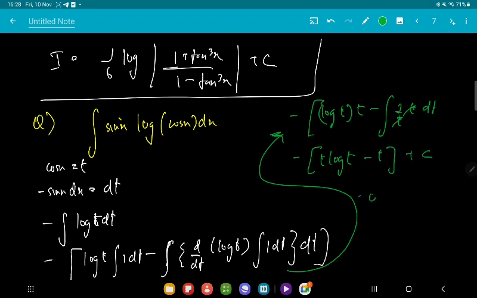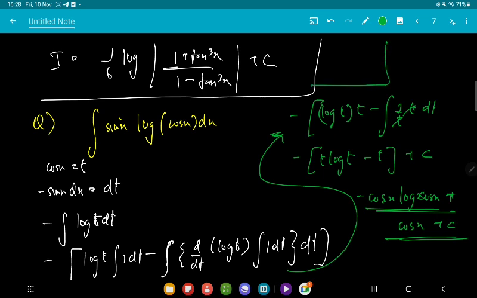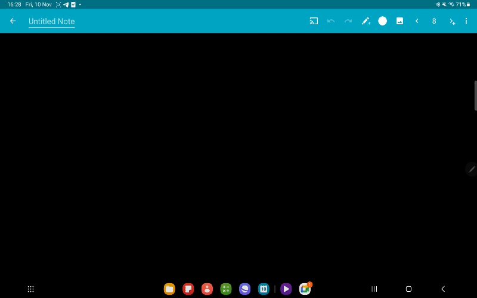So just substitute the value. t was cos x. cos x log cos x minus cos x, minus and minus will become plus over here. This will be my final answer. Good question it is, although. Let's solve more.